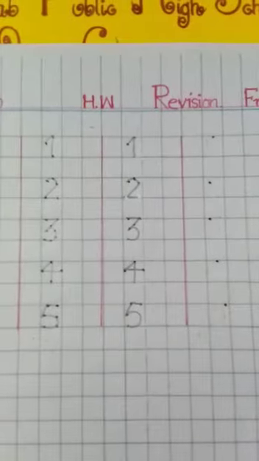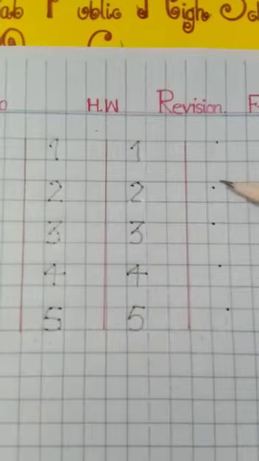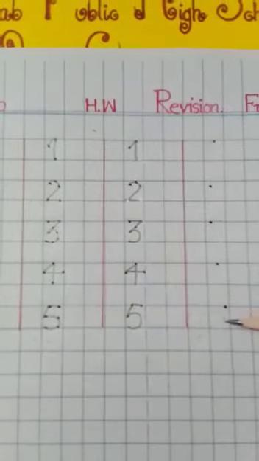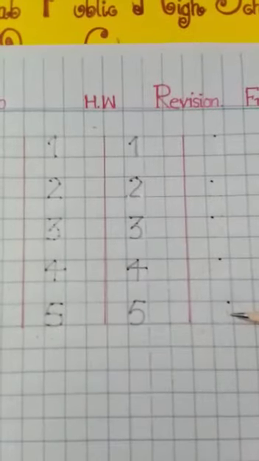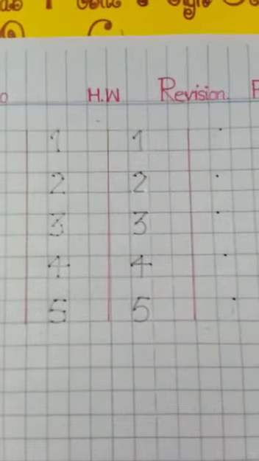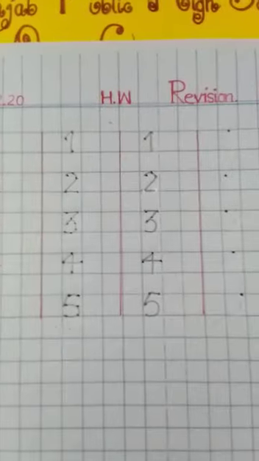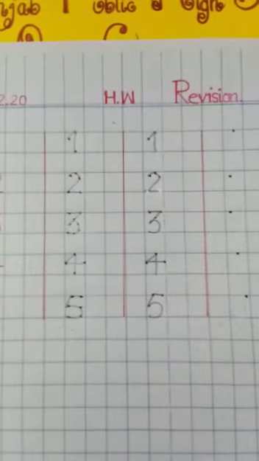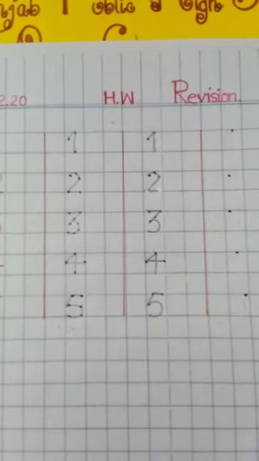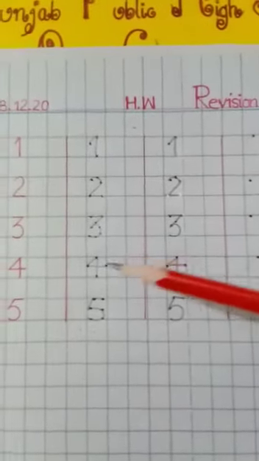And here in the third row you can see single dots for each number, and this pattern will help you out in coming lectures, after completing all the numbers, with much practice, to write with the help of a single dot by giving proper formation to every number.